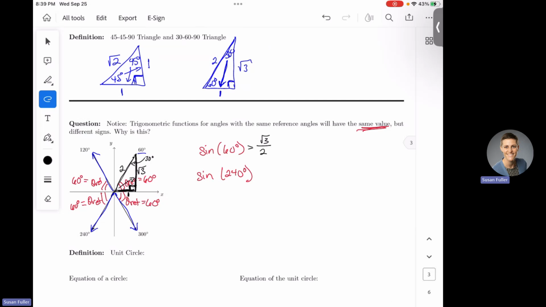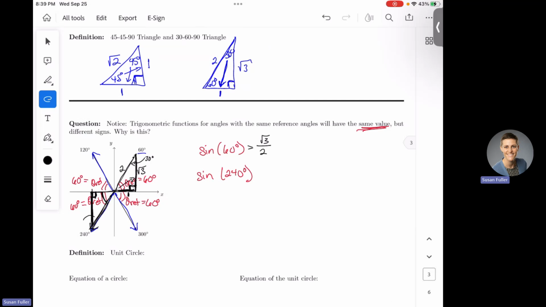Well, 240 degrees is right here. So I would take my terminal side and drop an altitude to my x-axis, always the x-axis. And here is my reference triangle. And I'm going to use my reference angle here, and my reference angle is 60 degrees.